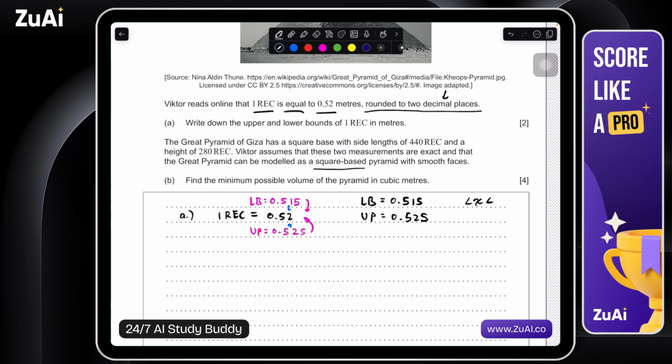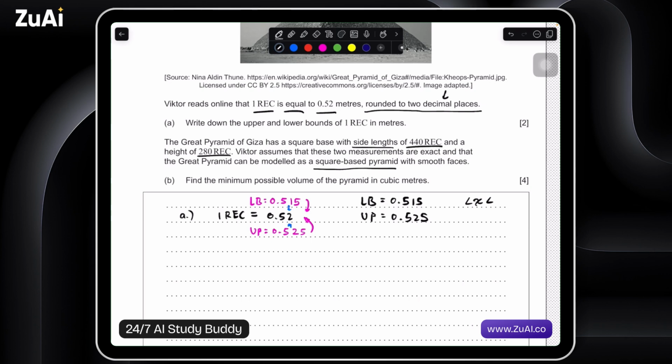So they're telling us square-based pyramid, 280, that's our height, and side lengths, which is a square base, so all equal side lengths for our pyramid. Find the minimum possible value in cubic meters.